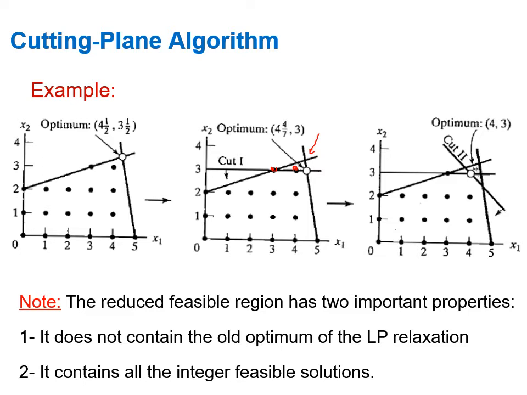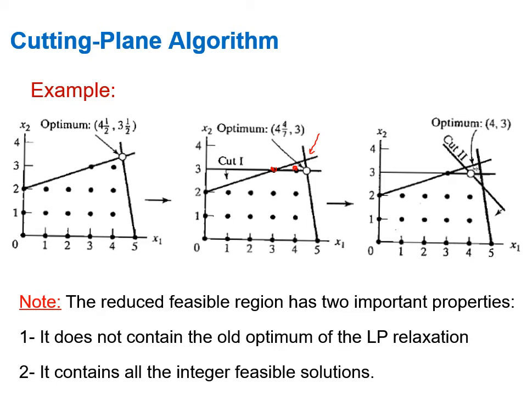And the new optimum solution after including this constraint appears to be this corner here. The x1 value is this one and the x2 value is this one. And as you see, this solution is still not an integer solution. The x2 value is integer but x1 is fractional.